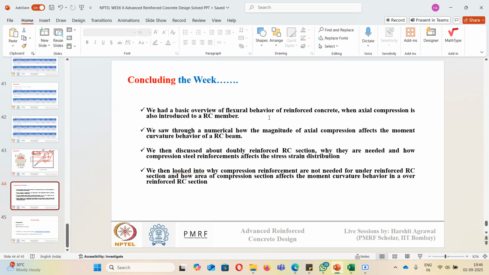We looked into why compression steel is not needed for an under reinforced section, and how the area of compression steel affects the moment curvature behavior of an over reinforced section. In an over reinforced section, if we increase the area of compression steel, the moment capacity will increase and the curvature will also increase.